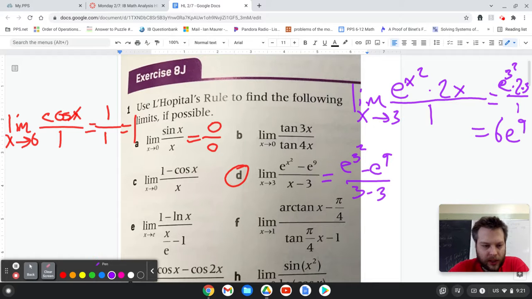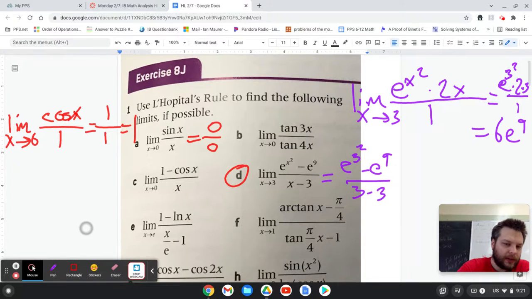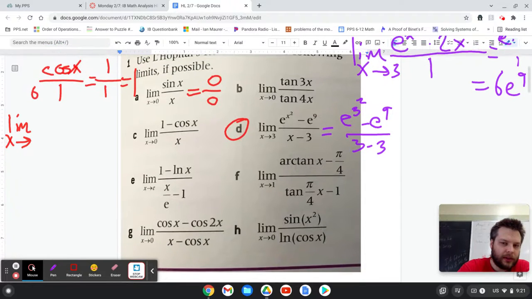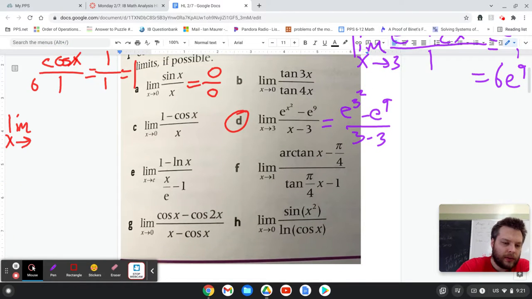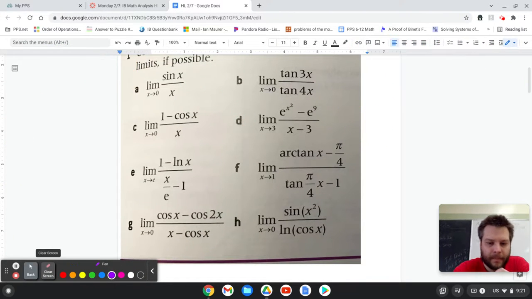Let's do one last one here. Let's see, what's an interesting looking one? How about part H? That looks fun. Let's do part H. So here we go. Let's first plug in 0.